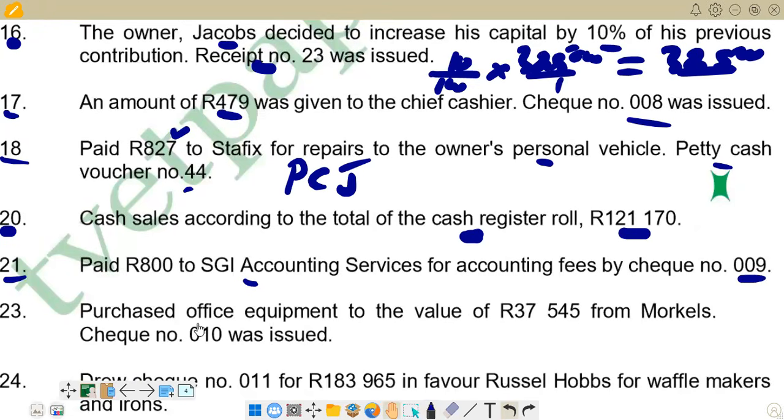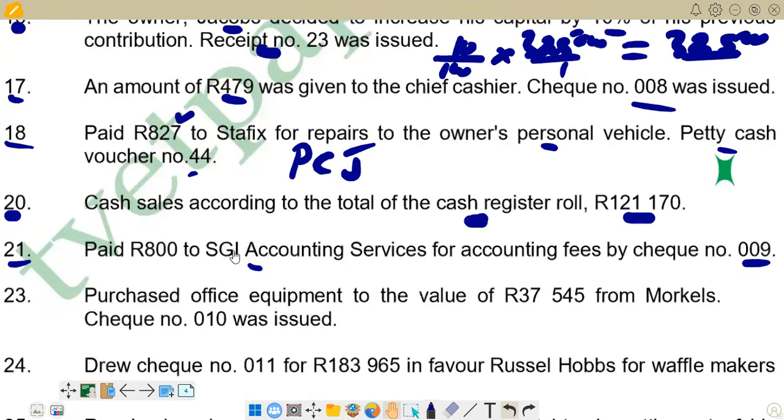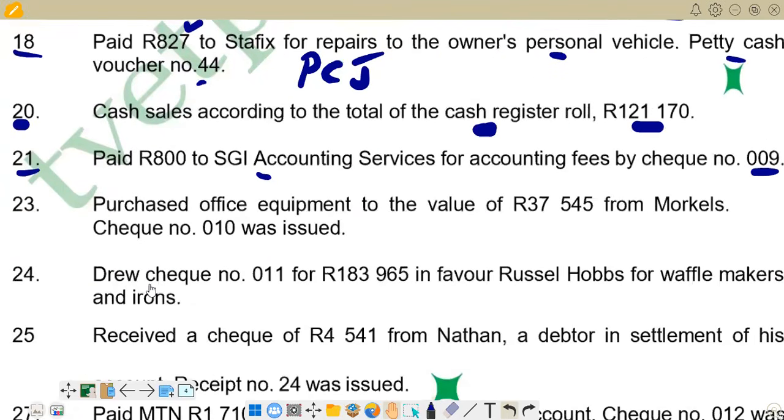Right, we are now on 24. 24 reads drew check number 0114183 in favor of Russell Hobbs for waffle makers and irons. So this is again payments because we are withdrawing, so it means we are paying Russell Hobbs. Russell Hobbs becomes the payee. And document number 011 J24.